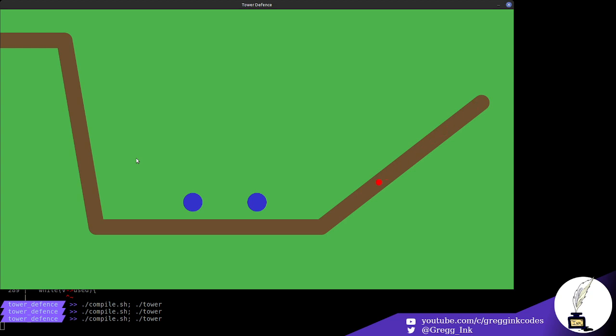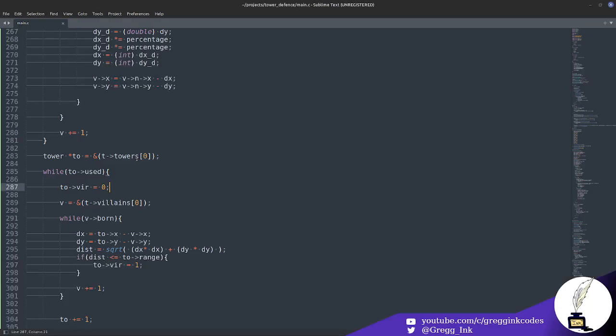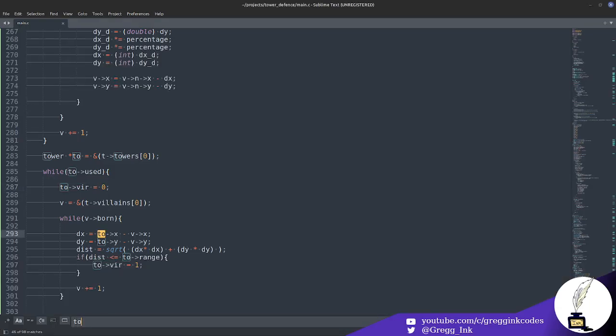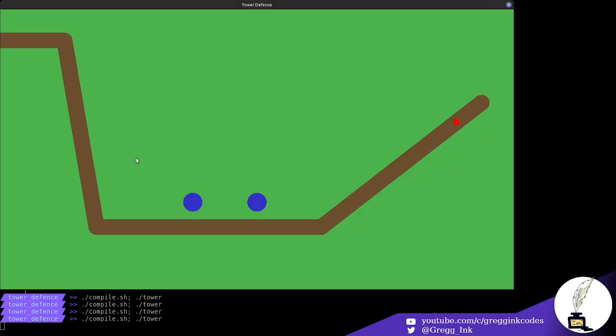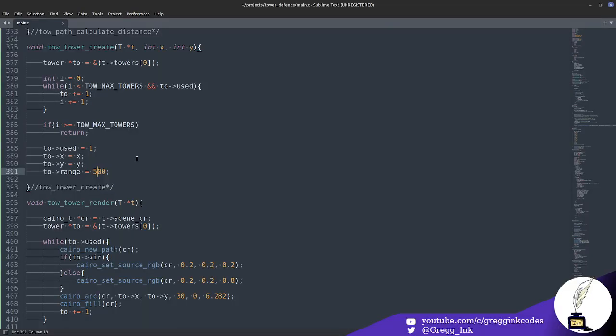So of course I need to start at 0. And then if I want a range that's a lot bigger, okay.